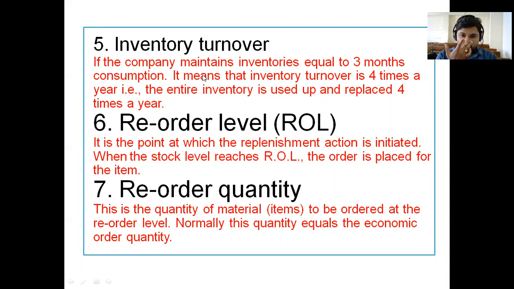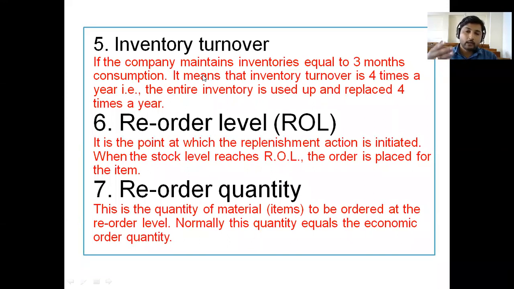So the reorder level is one kind of action. Let us consider that you have maintained one safety stock, and to reach that particular safety stock, 4 days are required. My order processing time and receipt of material is 4 days. So I will not wait until I reach my safety stock level.